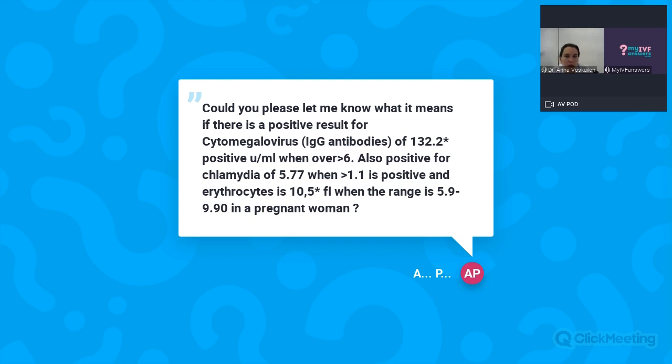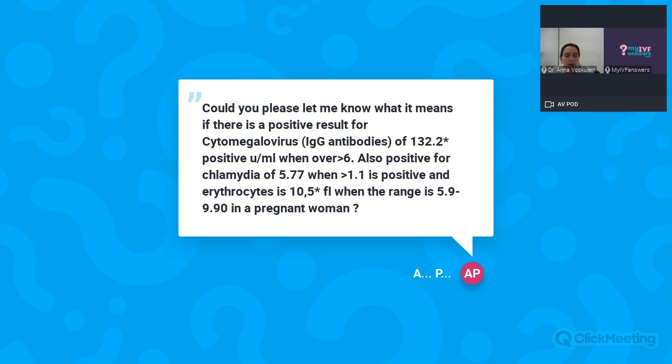It's just probably a normal blood test. What we look at with cytomegalovirus, which is a virus that can have a big impact if you get it while being pregnant, okay, is the IgG antibodies and the IgM antibodies, okay?